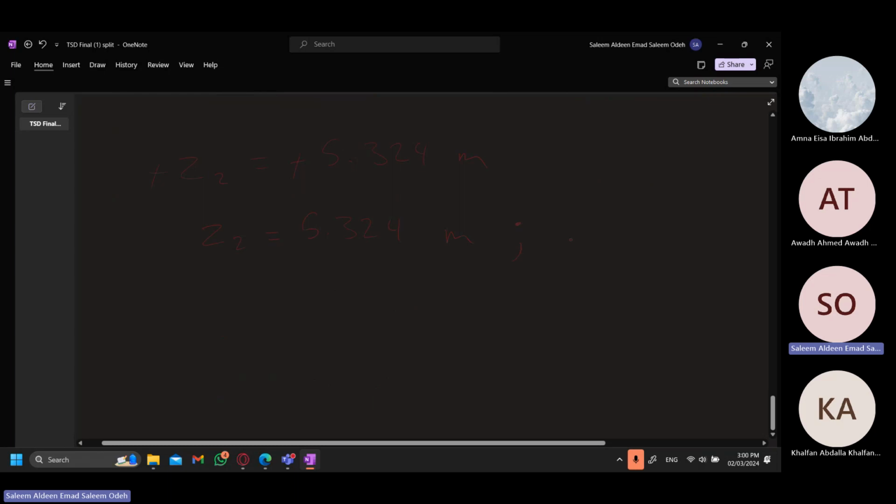Now, after you write this, it wouldn't hurt to specify that the pump must not be placed higher than, oh sorry, the pump must be placed 5.324 meters away.